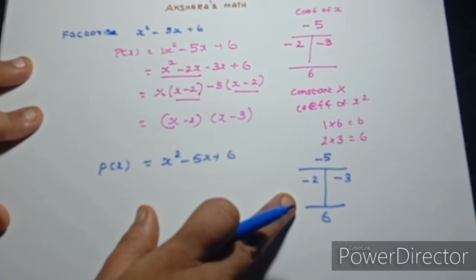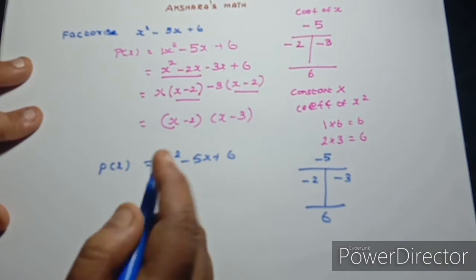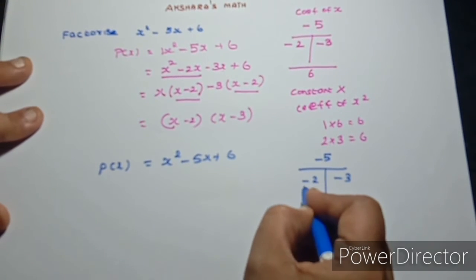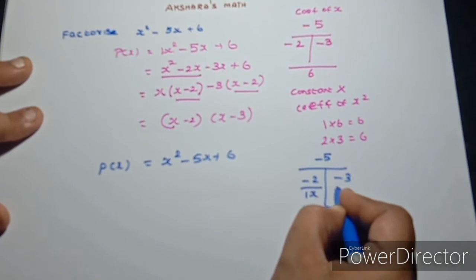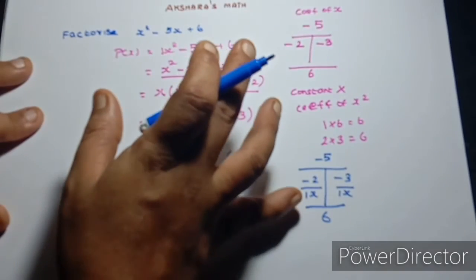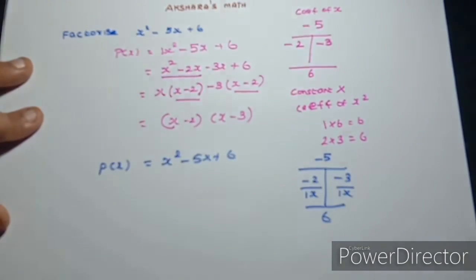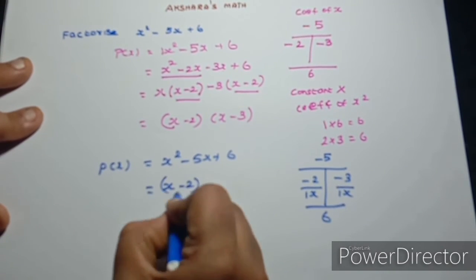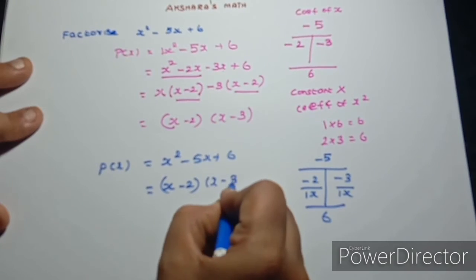After writing this, what you have to do? You see what the coefficient of x square is. It is 1. So you divide this by 1x and this by 1x. That's all, your problem is over. Now is there anything common here? Nothing is common, so straight away I will write this as x minus 2 into x minus 3.